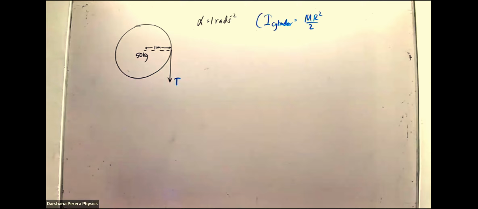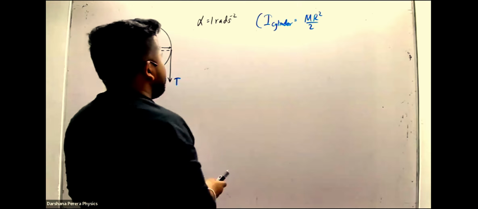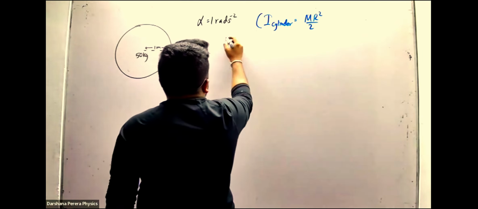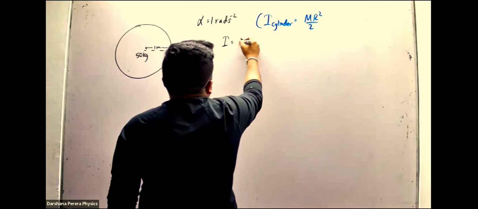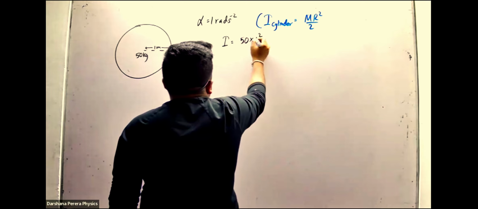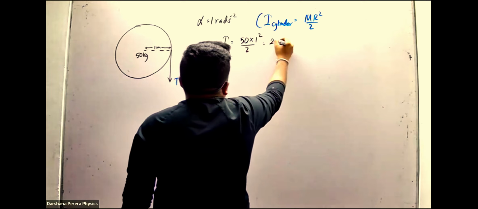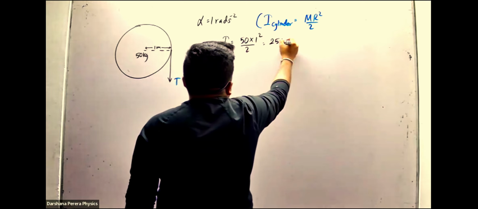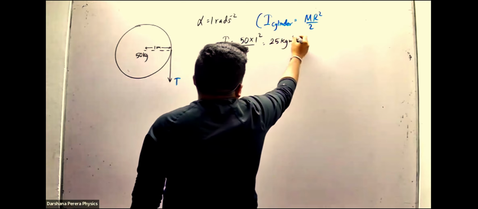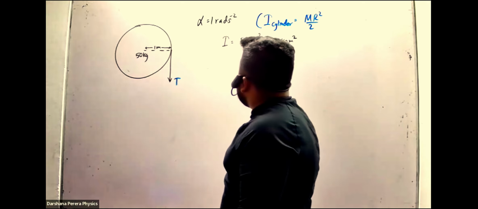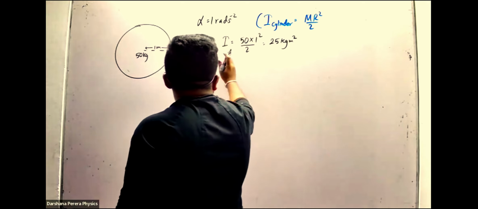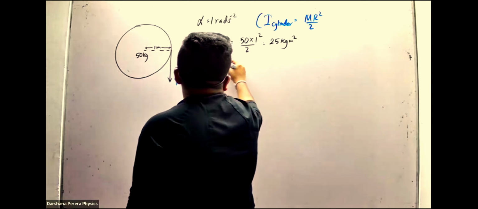First of all, we have to find out the I value. I equals mr square over 2. M is 50, r square is 1 square, over 2, that is 25 kg m square. That's your I value. Then find tau equals I alpha.